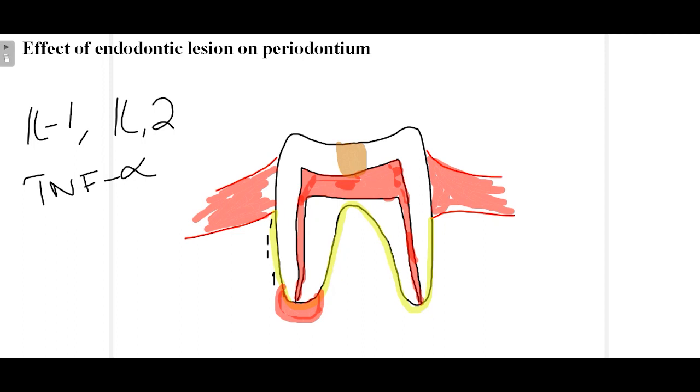The gingiva is inflamed, the bone starts to resorb, and you can clinically feel mobility in that tooth. So this is how an endodontic lesion affects the periodontium. Root canal treatment, which consists of cleaning and obturation, mainly results in resolution of the endodontic damage as well as the periodontal damage, but we will discuss this in a short while.